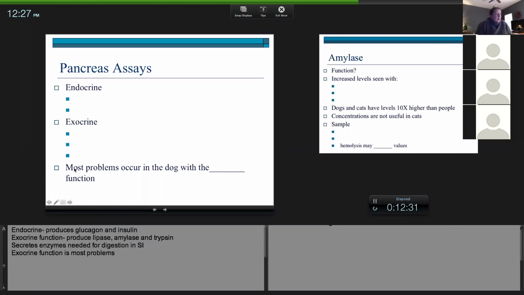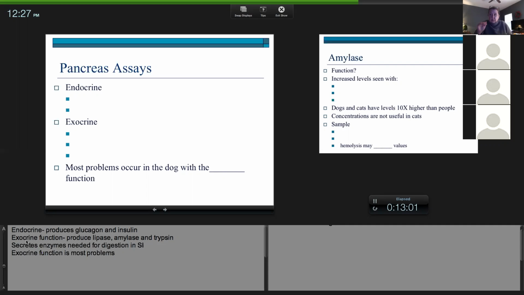Now, your big thing to understand is that when you're talking about the exocrine function, that is primarily the digestive component, because the exocrine pancreas secretes the amylase, lipase, and trypsin. Remember, there's a duct that goes to the duodenum, and that's for digestion of fats and carbohydrates, because remember, exocrine pancreas needs a duct.